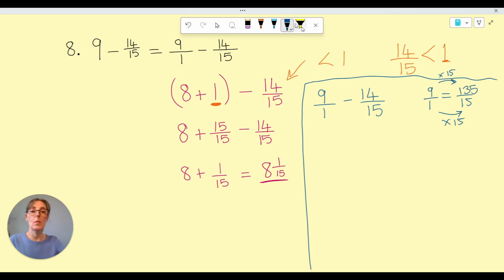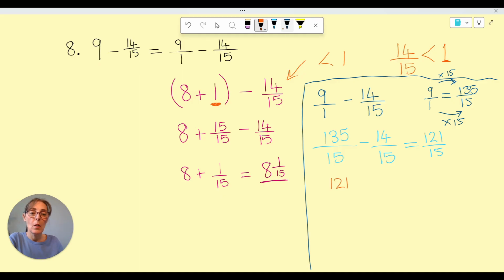So now we write 9 wholes as 135/15. 135 take away 10 is 125, take away 4 is 121. Okay, so we're going to work out how many 15ths that is.